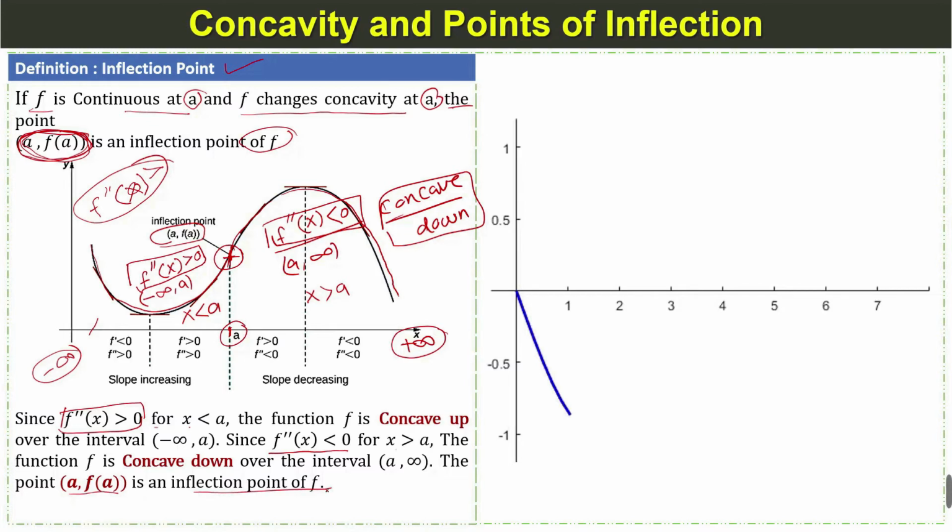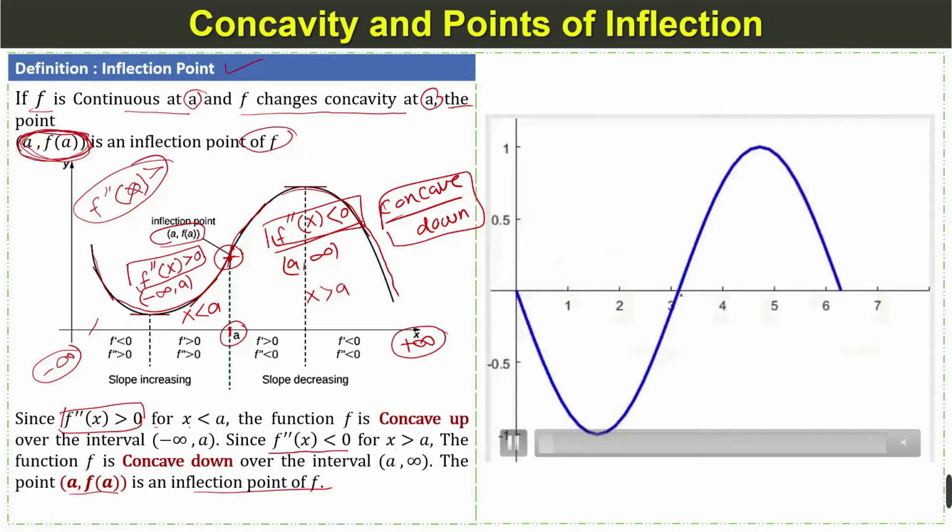Now we see, with the help of an animated graph, the concavity of the function and the point of inflection. This is the graph of the function, and this is the point of inflection at which the function will change its concavity.